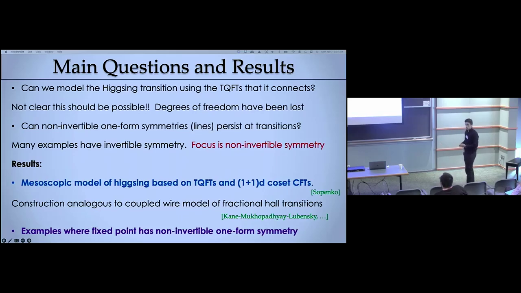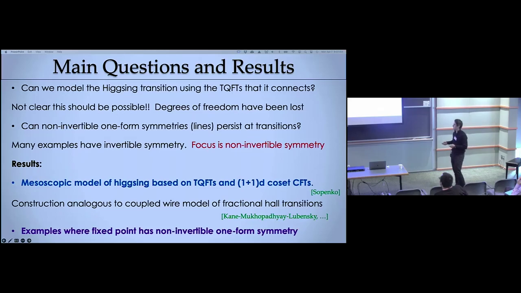What will be the main results? So the first is I'll talk to you about kind of a mesoscopic, if you like, model of Higgsing based on these infrared ingredients, the two topological phases, as well as the degrees of freedom that we're going to have to add back, which will be some 1 plus 1D coset CFTs. And this is similar to a perspective introduced by Sopenko.